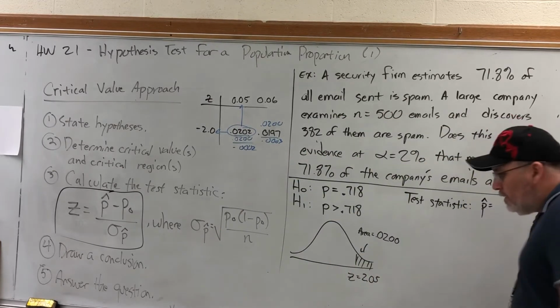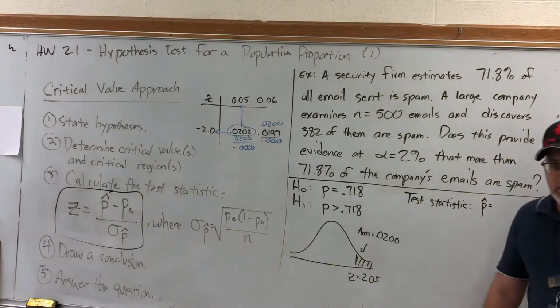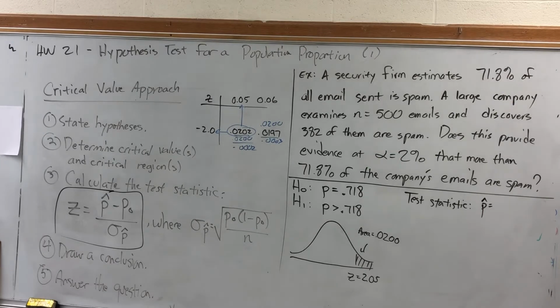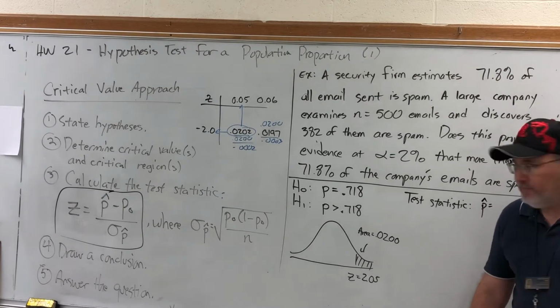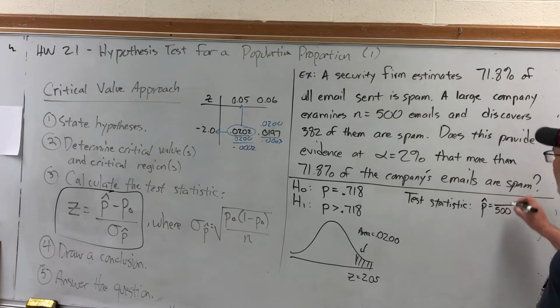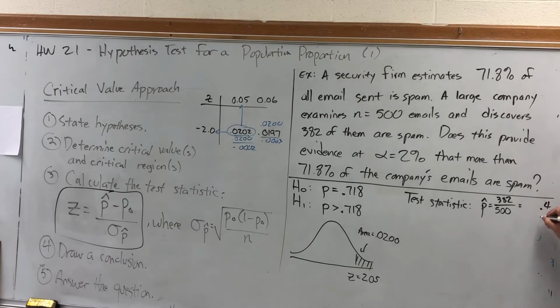And remember, p hat measures the percent of the sample with the characteristic. In this case, the characteristic is an email is spam. So out of the 500 emails in the sample, 382 of them were spam. So if we divide that, sorry, I'm a little premature with the decimal point there.